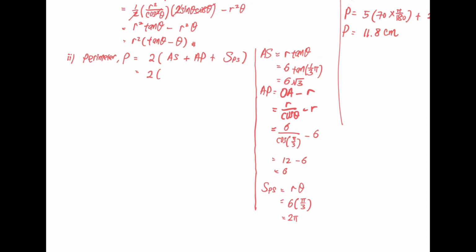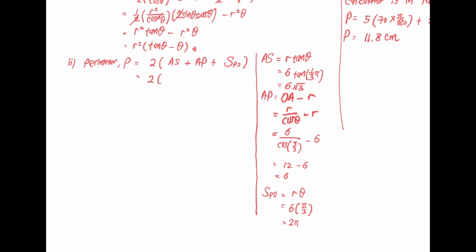Okay, so now we substitute all the values into the formula here. So AS is 6 root 3, AP is 6, and this is 2 pi. Now we add up and we times 2. So we get 12 root 3 plus 12 plus 4 pi. And that is the answer.